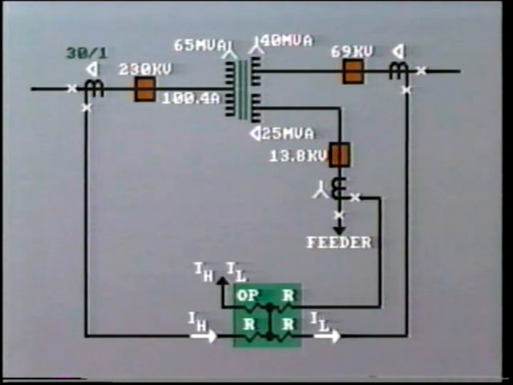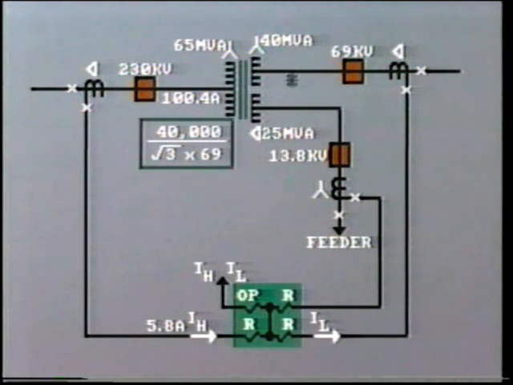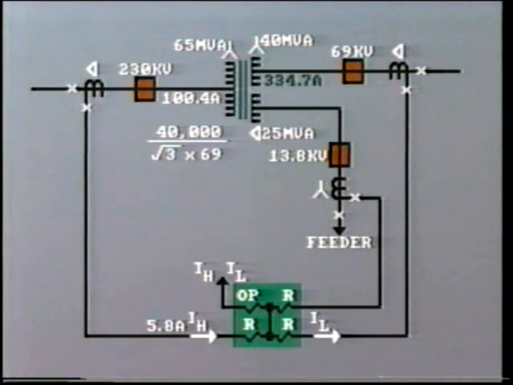Assuming a CT ratio of 30:1, and remembering that the CTs are delta connected, the secondary current equals 5.8 amps. On the secondary side, the current in the transformer windings will be 40,000 divided by root 3 times 69, or 334.7 amps.